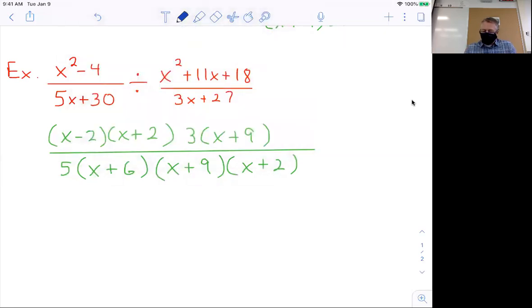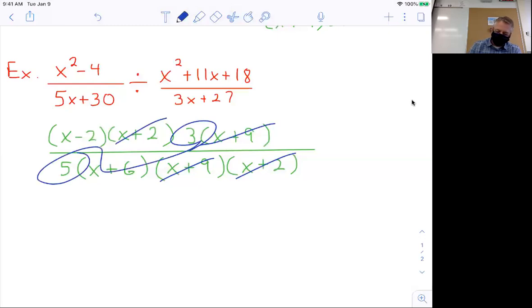And now it's our time to cancel. So, all right, let's see what goes. x plus 2 and x plus 2, we can cancel those guys. x plus 9 and x plus 9, we can cancel those guys. I think that might be it. We can't reduce the 3 and the 5. We can't reduce those. x minus 2 and x plus 6, those don't reduce at all.